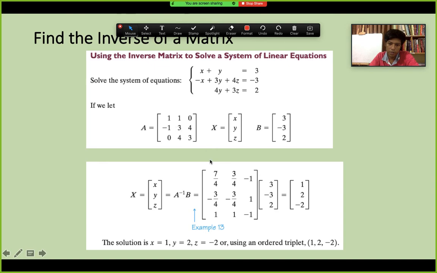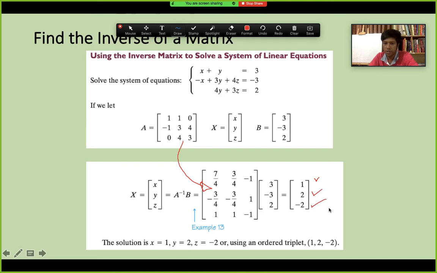Then we find out the inverse. This one's inverse is here. So once we can find out the inverse, if we multiply, these are the constant terms, all the constant terms there. If we multiply the inverse and the constant, then we will get the answer.